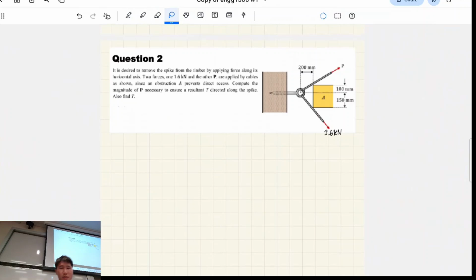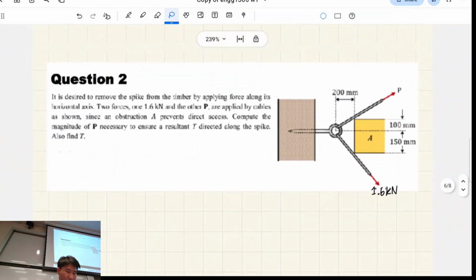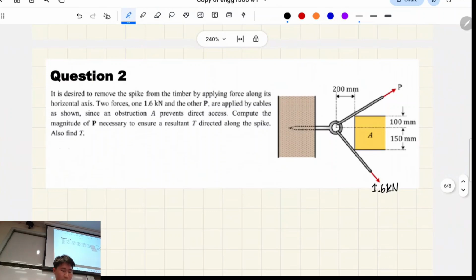All right, so let me zoom in. This question, right? There's a spike in the wall. It's connected to some timber wall, and this is kind of a weird question, to be honest.